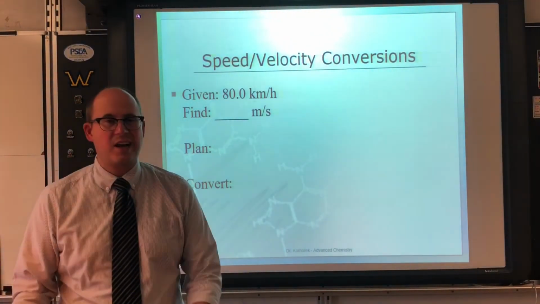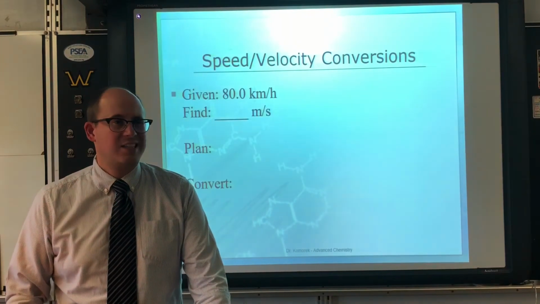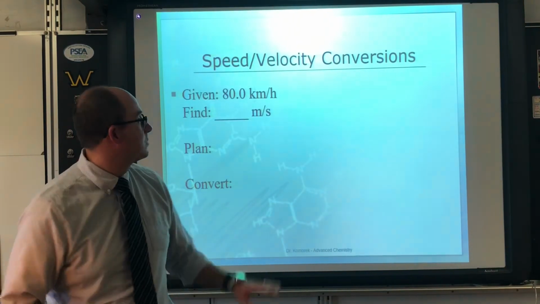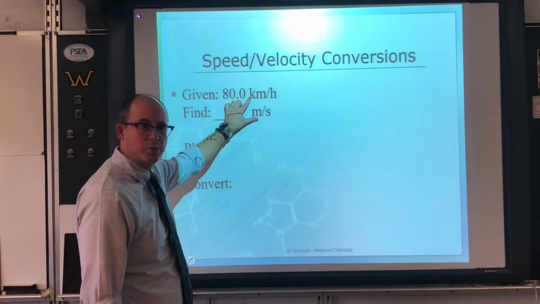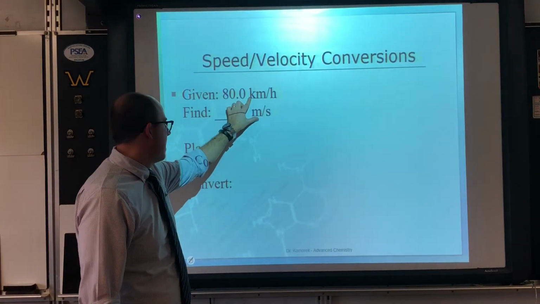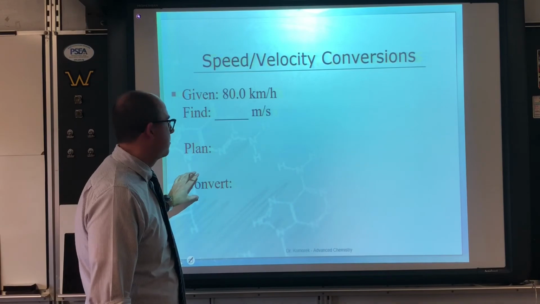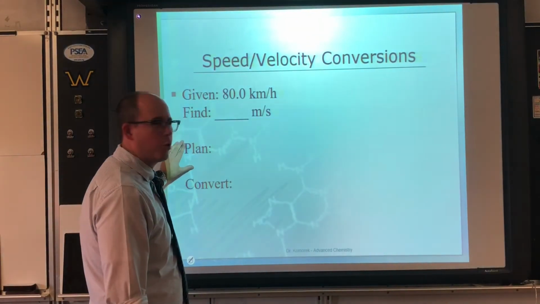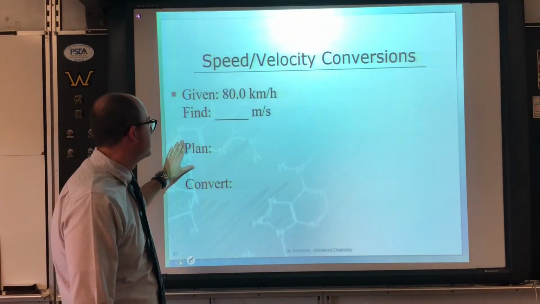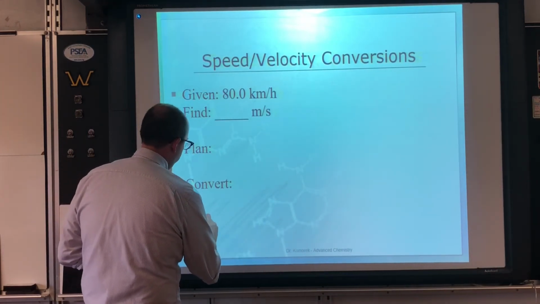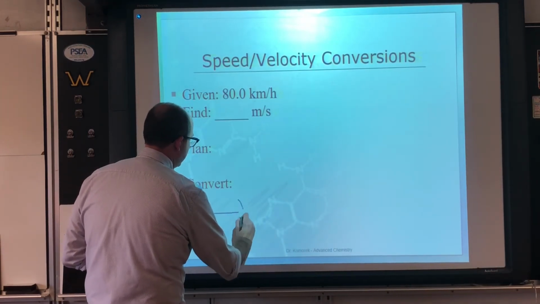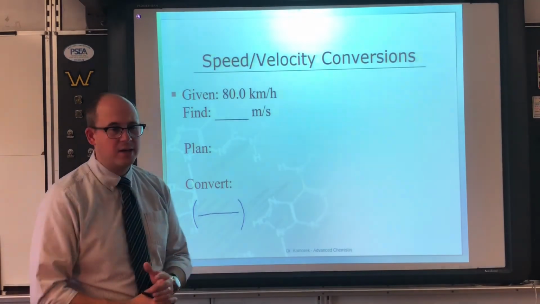Continuing with our unconventional units, speed conversions. This particular problem, we begin with kilometers per hour and we're asked to switch to meters per second. Now, I want to look at how we set up the conversion, the first bracket, before we talk about the plan, because it'll help you see the plan better. I always give you a rule of write the given as a fraction.